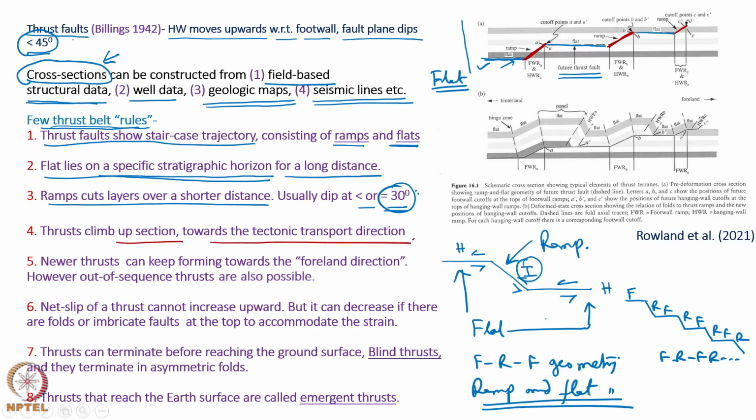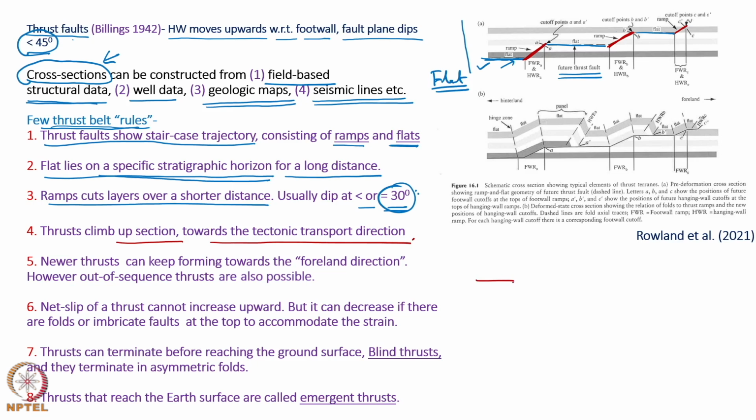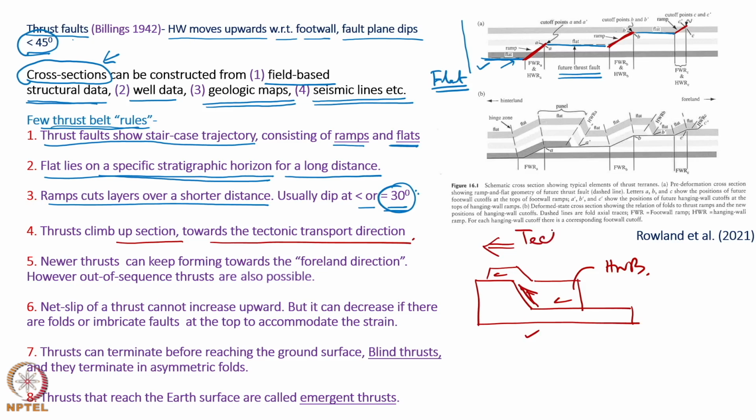Let us understand it. Consider this case. The hanging wall block has climbed up section. This way movement is up section and it is towards the tectonic transport direction. In this diagram, this is the tectonic transport direction.